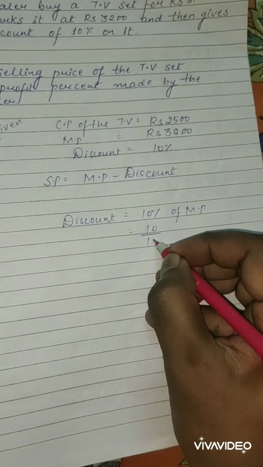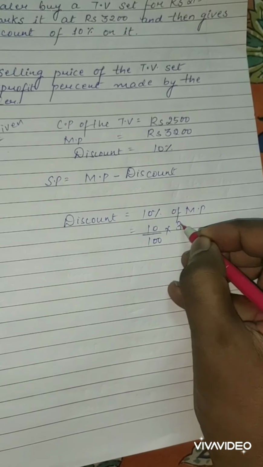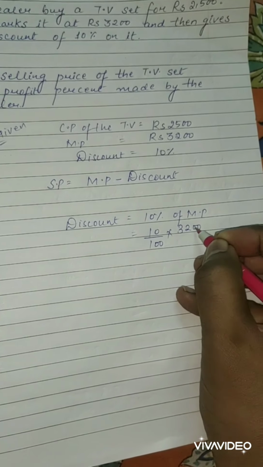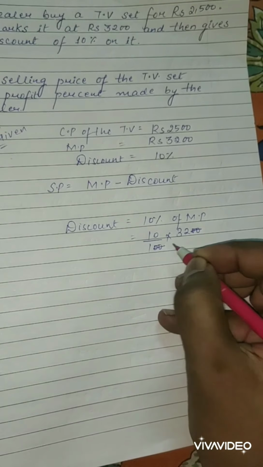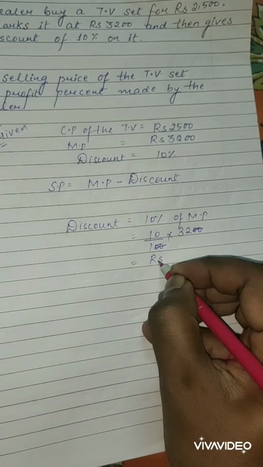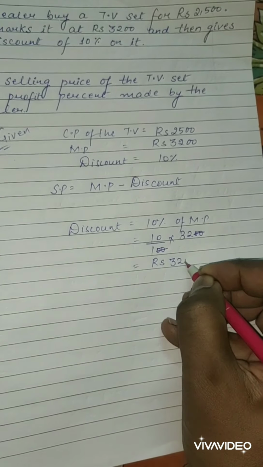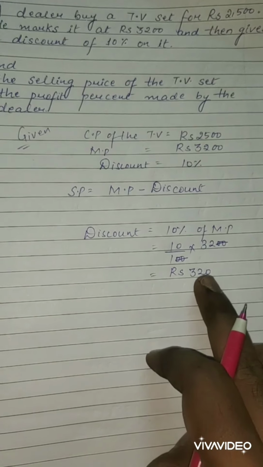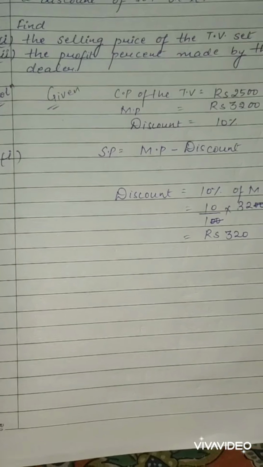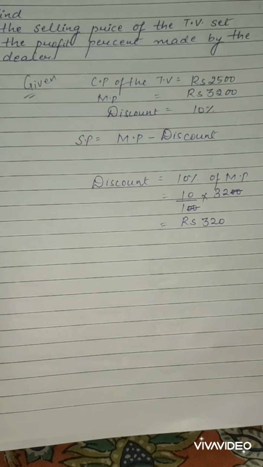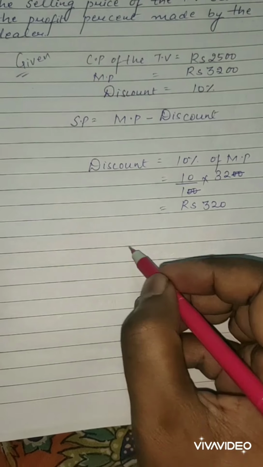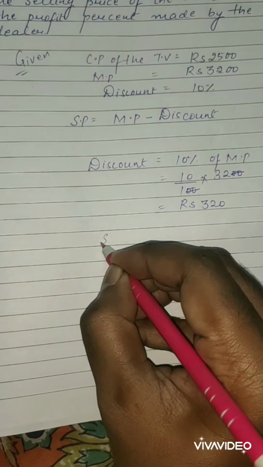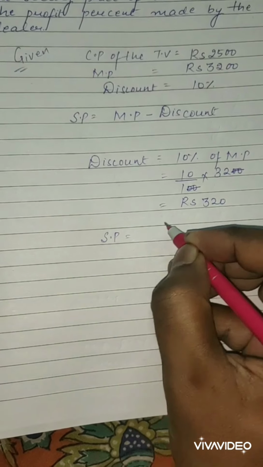So 10 upon 100 into 3200. Clear? So this will be rupees 320. Okay, now we have got what the discount is. Now we will keep the values in the formula.